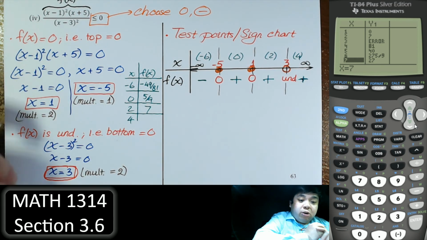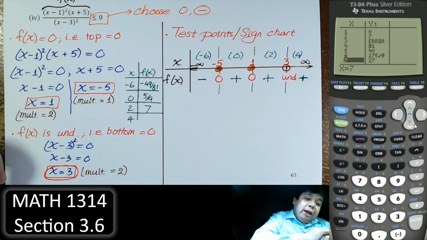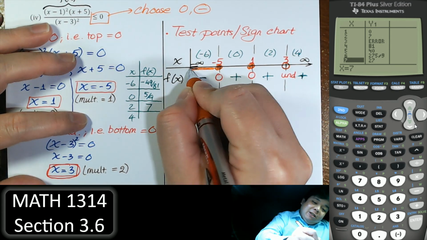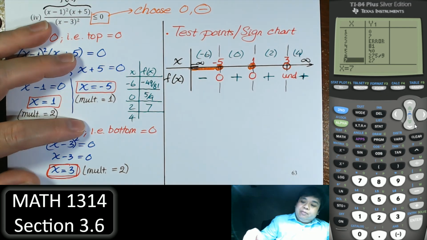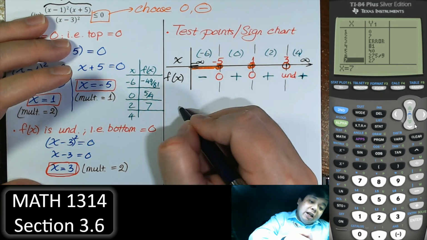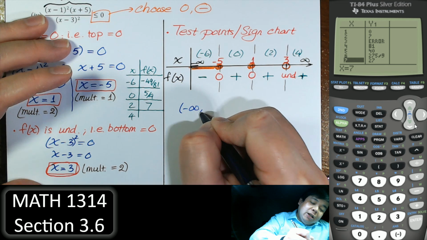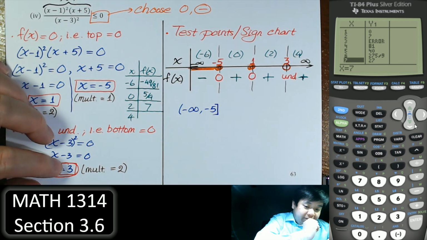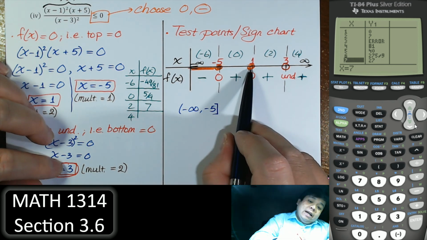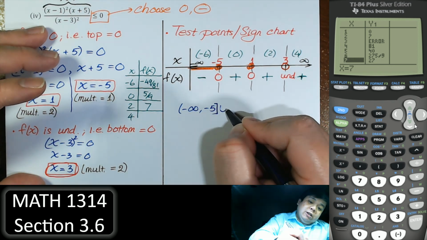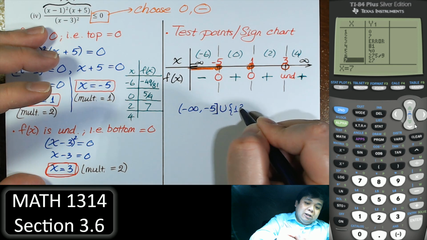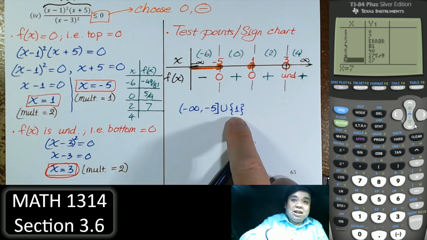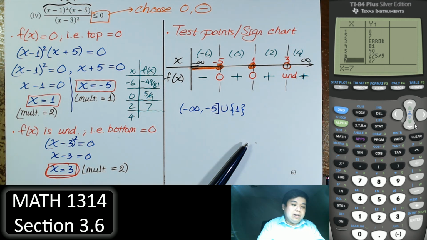So we choose those two zeros, and then the negative. So the answer here is negative infinity to negative 5, including the negative 5. And then we have an isolated point 1. We write that as the set containing the number 1.